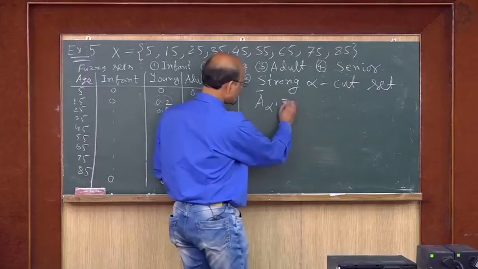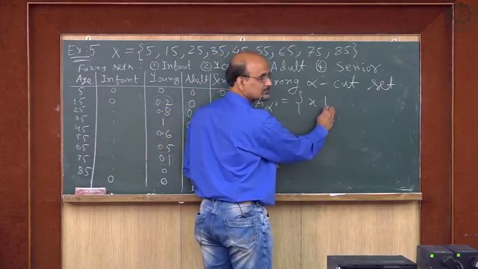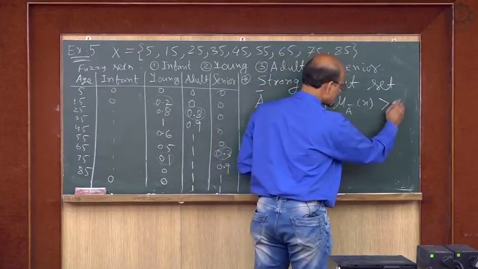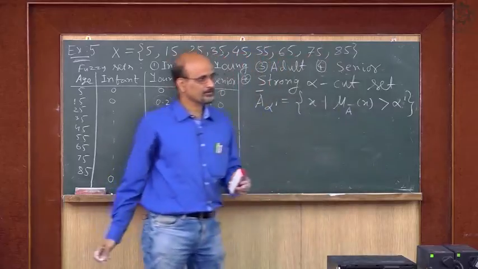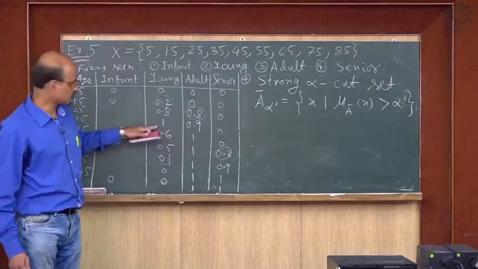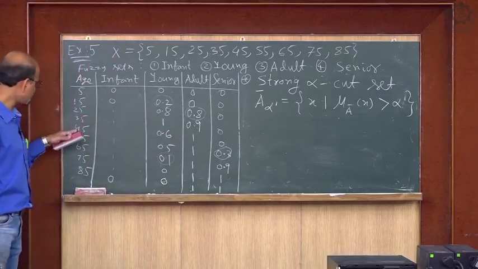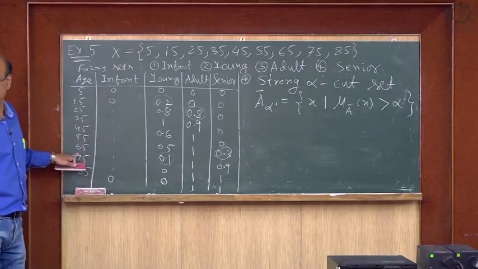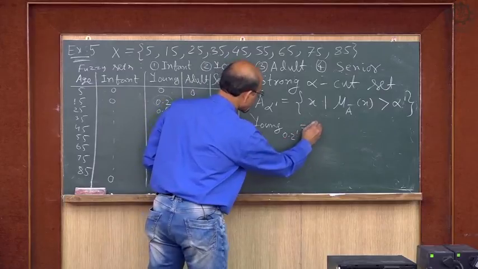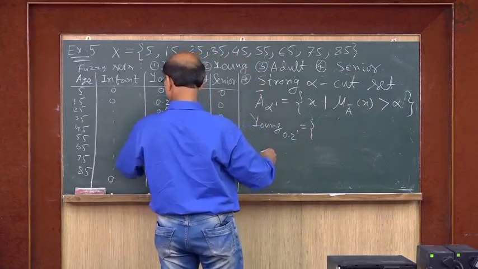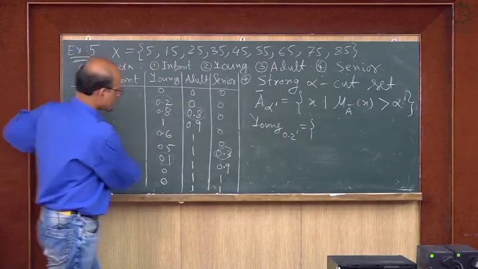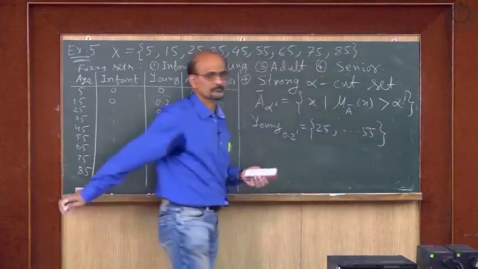This will be defined as x such that mu A bar x is greater than alpha dash. Understood? Similarly, you can find it if it is greater than 0.2. So young 0.2 dash, I could write, is equal to 25 to 55, yes, 25 to 55.